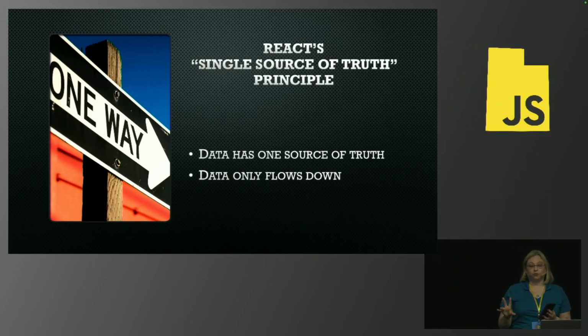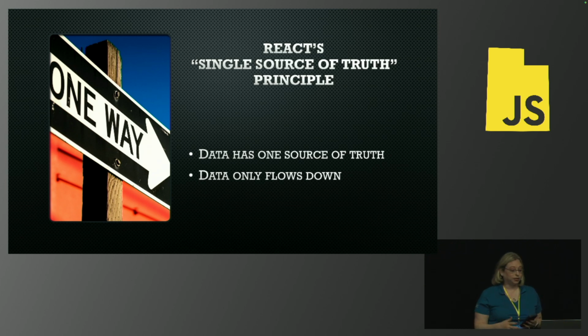There's one thing that didn't really fit in my other organization: the React single source of truth principle. This is the most important principle. If you don't understand it and use it, you really need to learn it. Data has one source of truth, and it only flows down. Two similar variables shouldn't try to keep each other in sync from underneath.